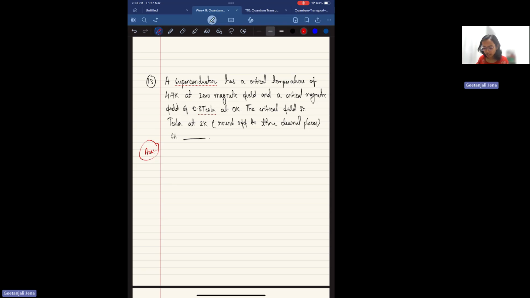So let me just tell what has been given to you. There is a superconductor, and it's given for zero magnetic field that Tc is 4.7 Kelvin. Also, the critical magnetic field for temperature T equal to 0 K is given as 0.3 Tesla. So you want to find out the critical magnetic field for T equal to 2 Kelvin.